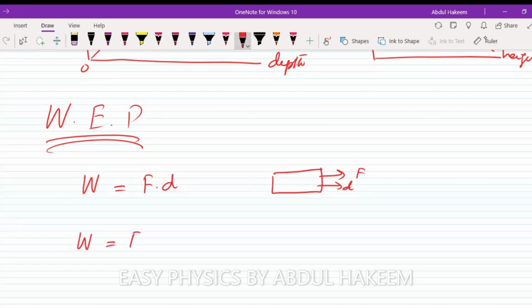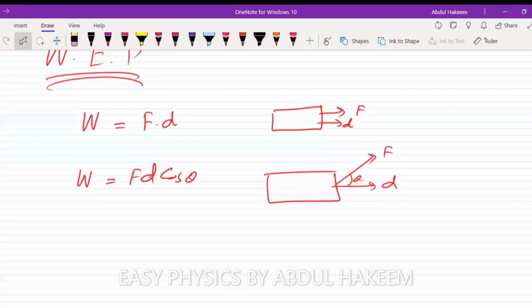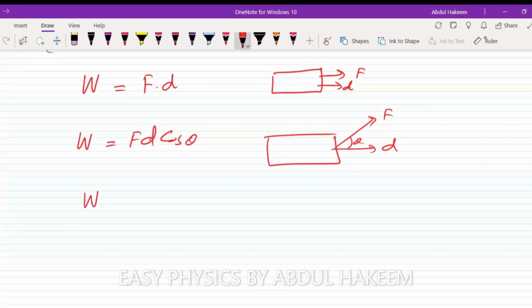Work is equal to Fd cos theta when force and distance are not parallel. If the work is done by gases, then it is pressure multiplied by change of volume. Work is done to change one form of energy into another form.